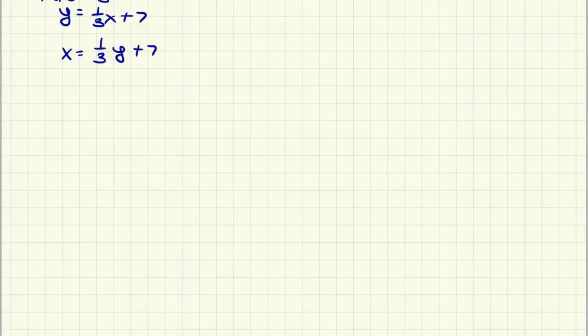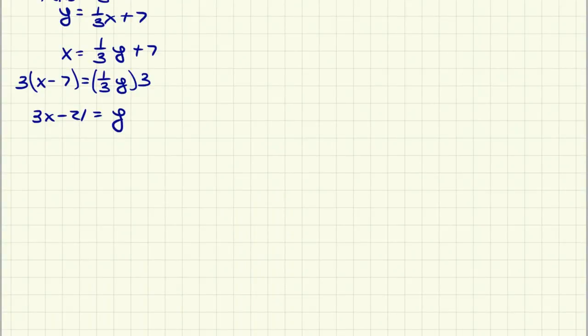I'm going to do this one a little bit differently. I'm actually going to end up with the y on the right and the equation on the left. It's the exact same thing. I'm going to subtract 7, so x minus 7 equals 1/3 y. I can multiply both sides by 3 to get rid of the 1/3. This gives me 3x minus 21 equals y.